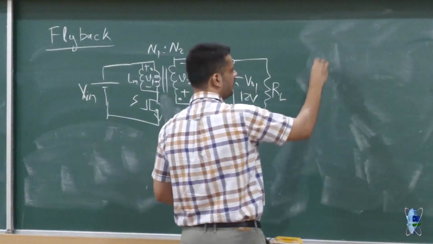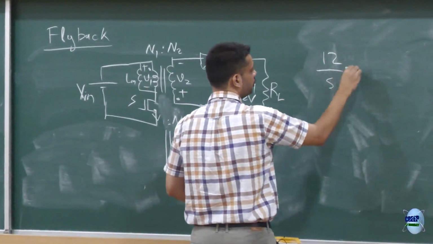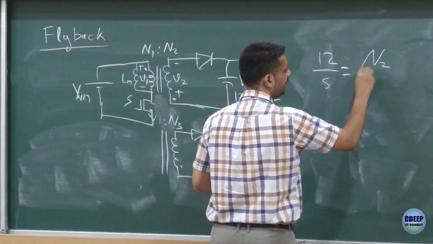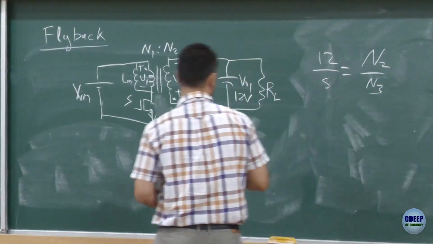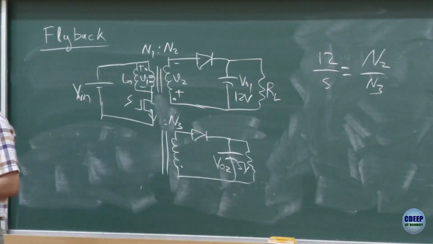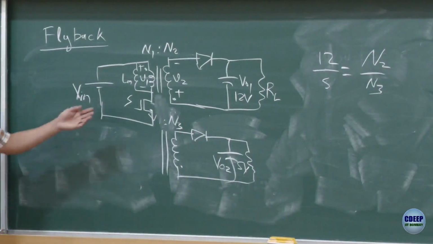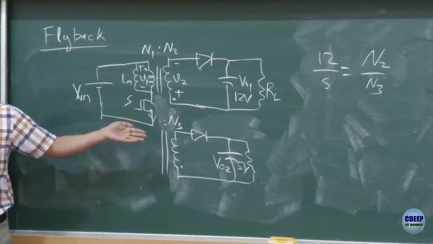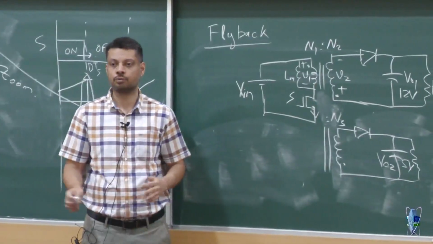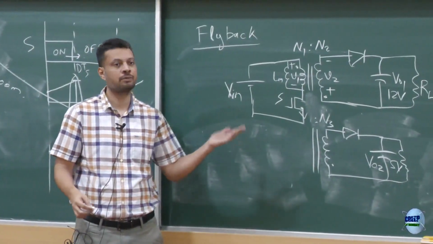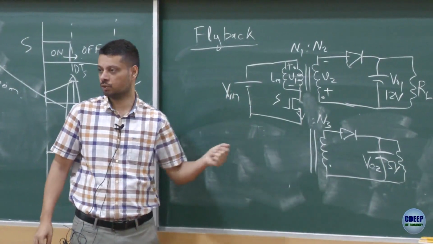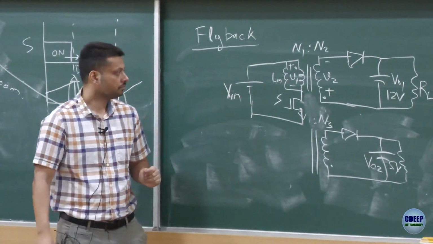So if you want 12 volt upon 5 volt, your N2 by N3 turns ratio should be in this fashion, right? Because only one duty cycle is common to both of them. So you cannot have different duty cycles. What you can have different is the turns, and that would lead you to different output voltages, correct?